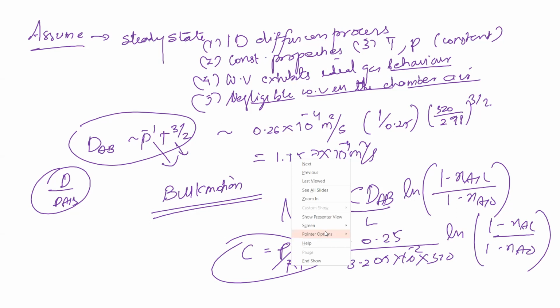XAL is 0, because at the top of the column there is no water vapor; it is dry air.